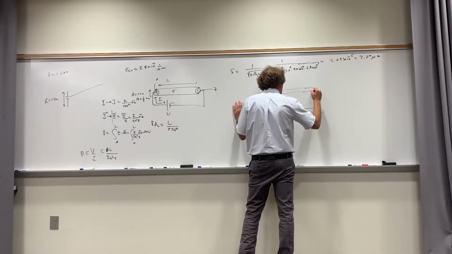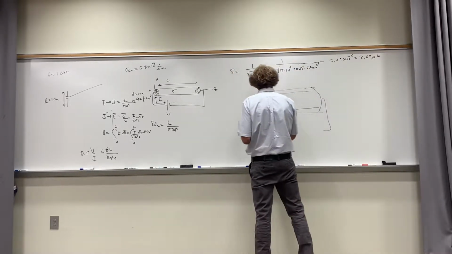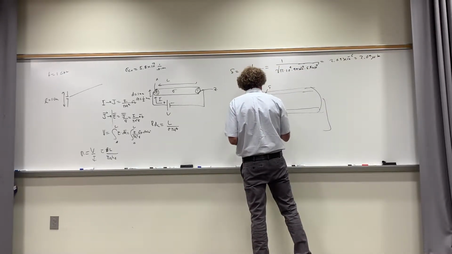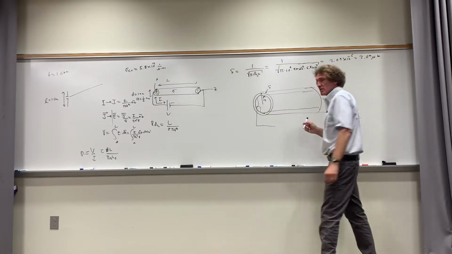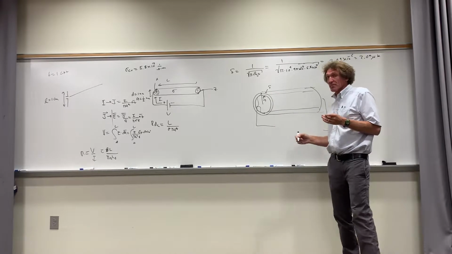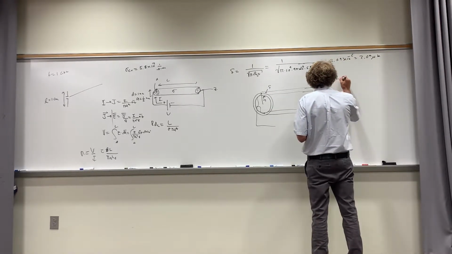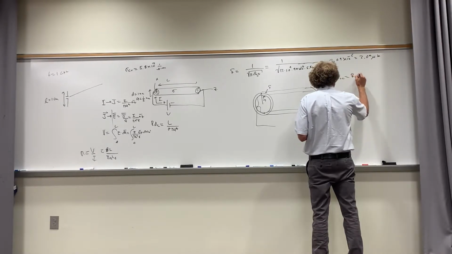We want to know the resistance from this end to this end, with the current flowing in the shell around it. You all see what's going on? It's flowing between this and this. So the way we can get the resistance, this is called the AC, or high frequency resistance.